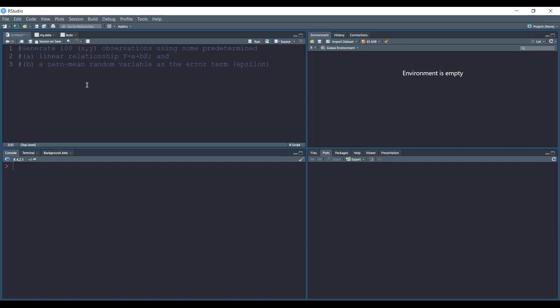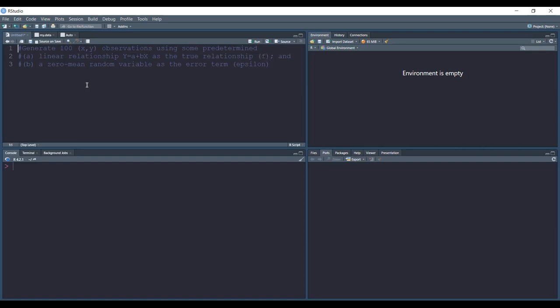The linear relationship as the true relationship f. Relationship, this is f. Okay.